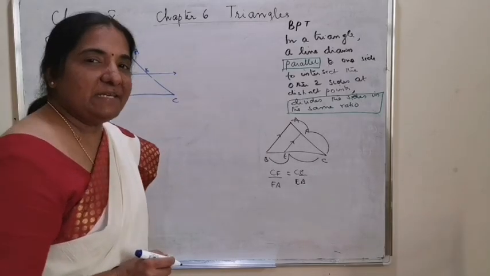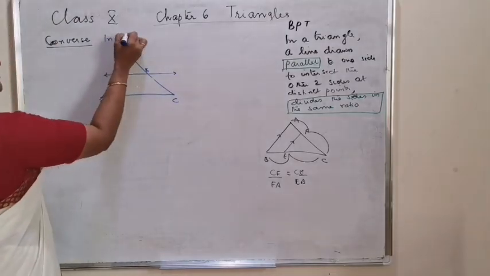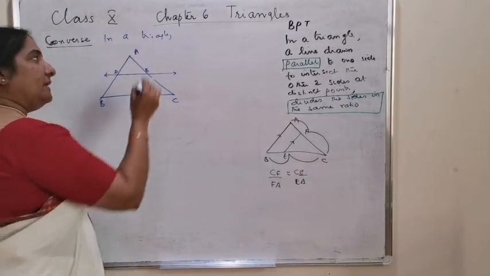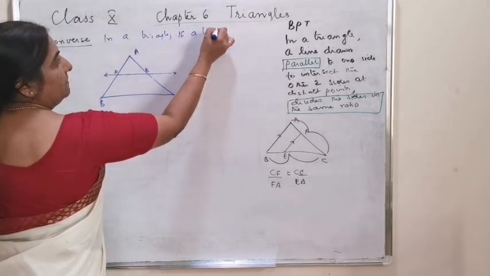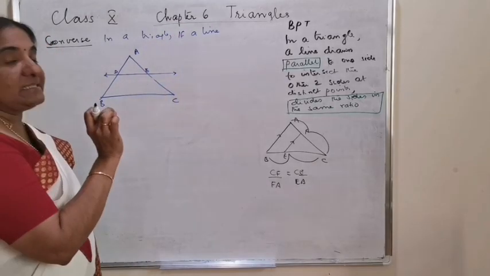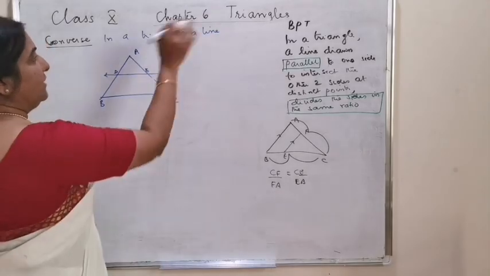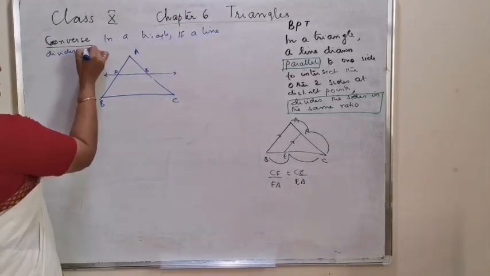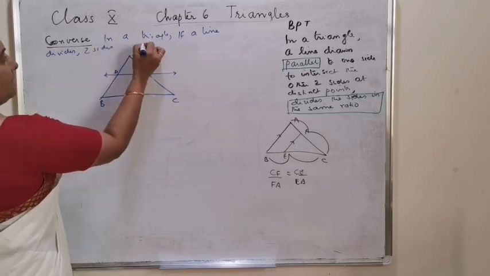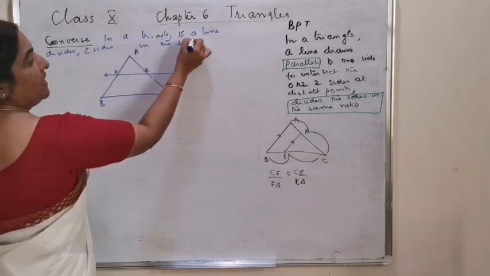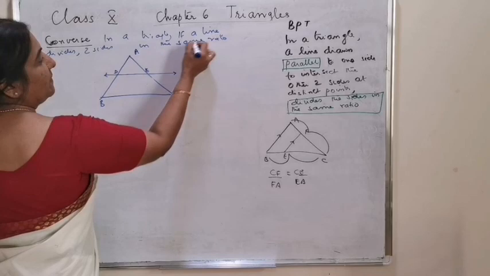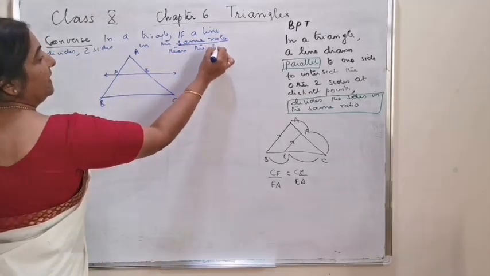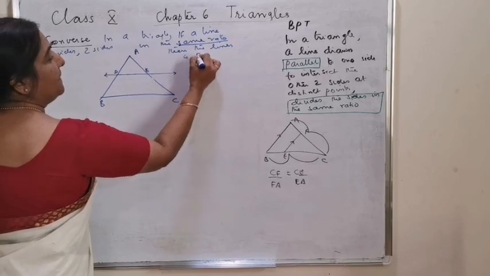The converse statement is, in a triangle, if a line divides two sides in the same ratio, then the line is parallel.